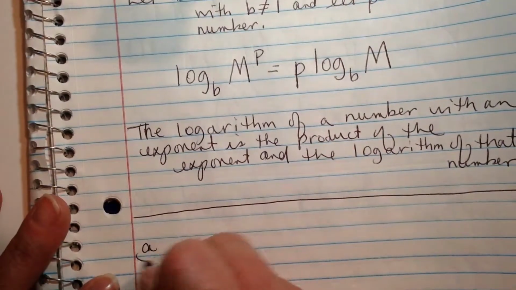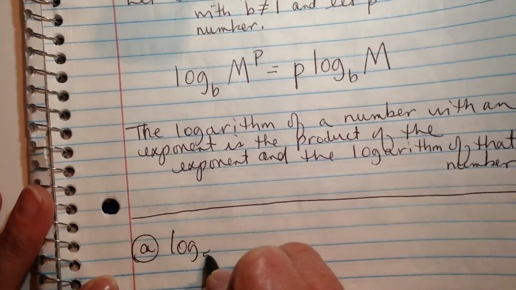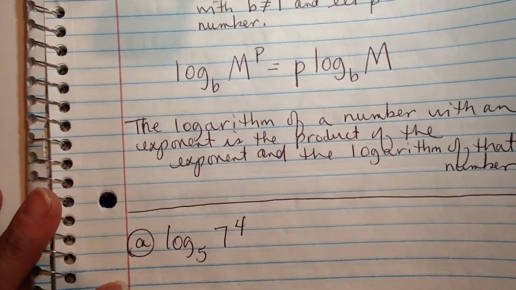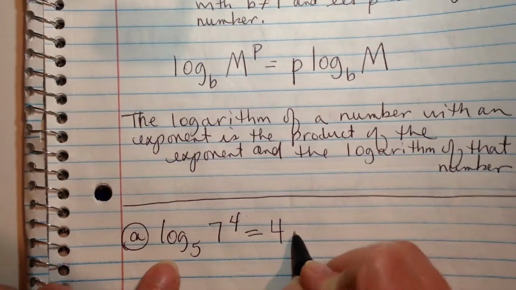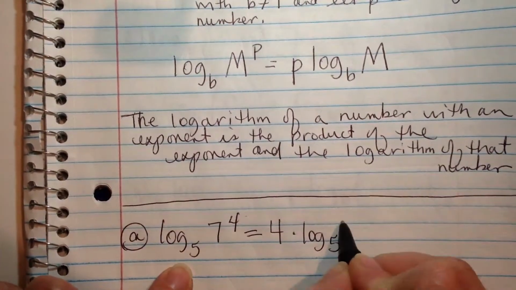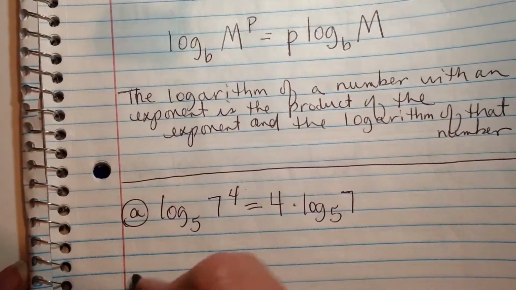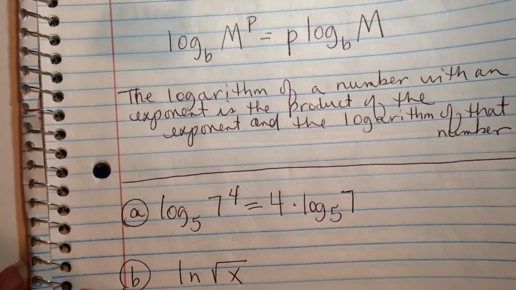So let's look at an example here. If I have something like log base 5 of 7 to the 4th, I have an exponent. So to expand it, we bring 4 to the front, so that's 4 times log base 5 of 7. And that's all we would do to that problem. Let's look at another one. ln of the square root of x.